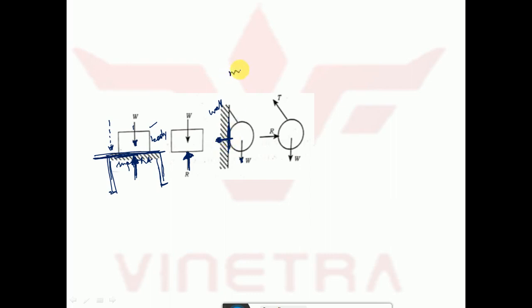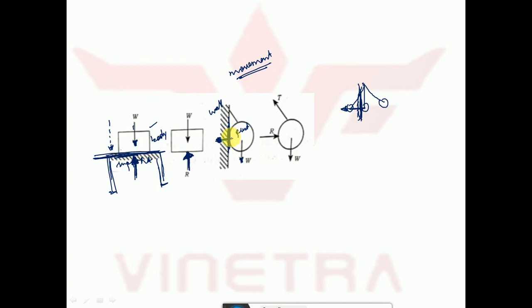Kindly remember this word: whatever I am telling now is movement. If I consider this as a pendulum and allow it to move, it will move in a to-and-fro action. If I give a support here, I am stopping its motion, so the motion stopped is exactly perpendicular, or normal, to the contact surface.